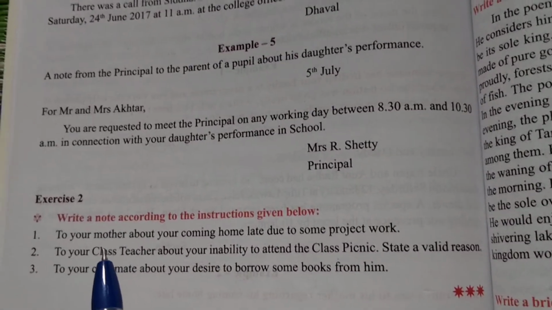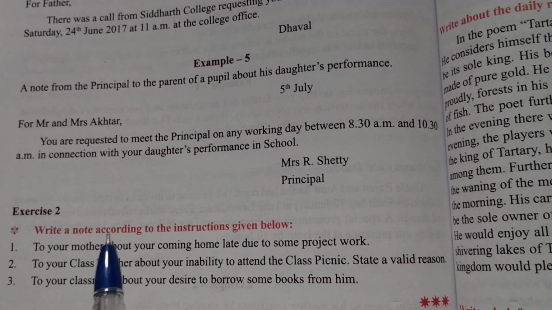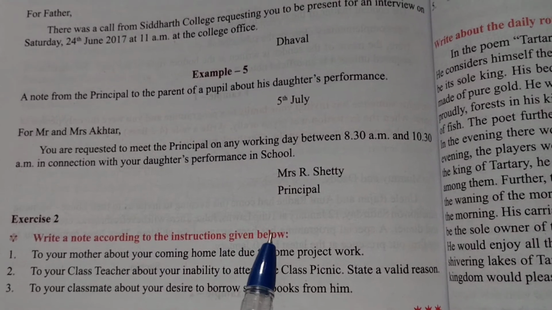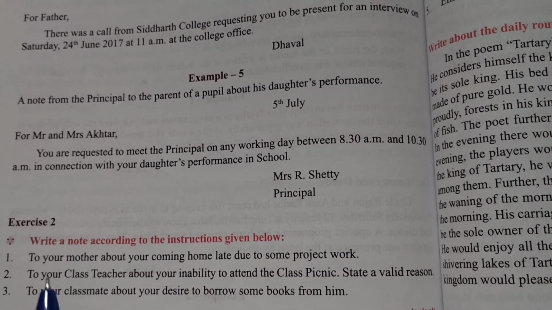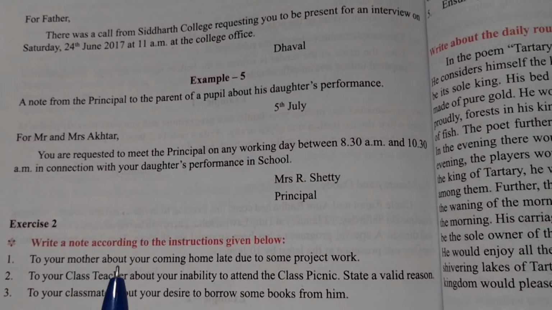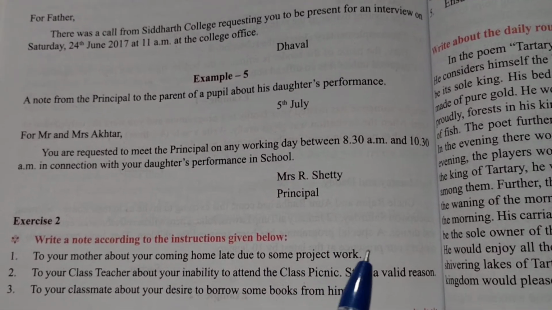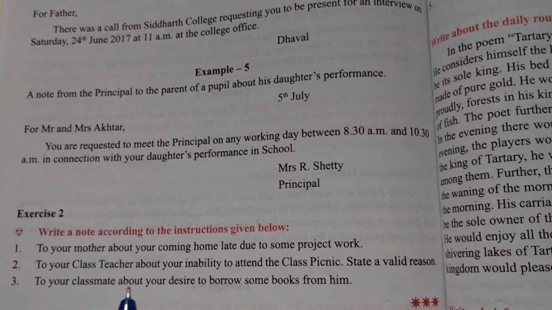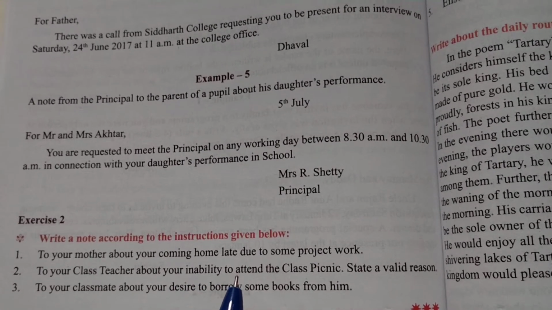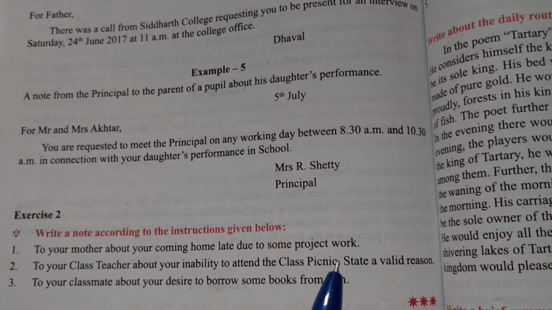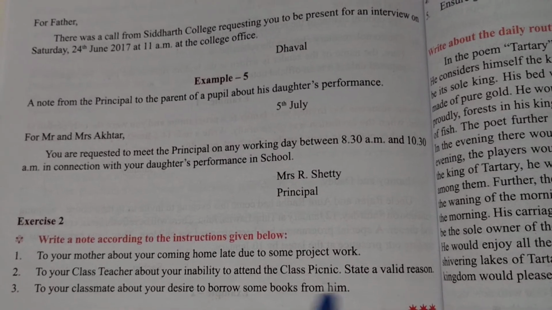Now there is an exercise. Write a note according to the instructions given below. To your mother about your coming home late due to some project work. To your class teacher about your inability to attend the class picnic. State a valid reason.